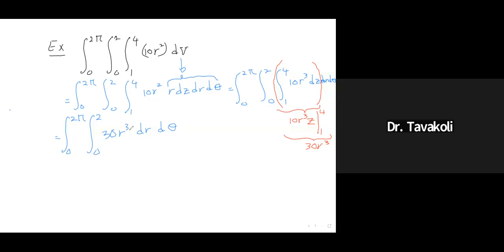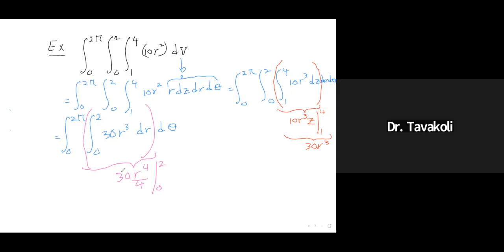Now look at this integral. With respect to r, what is the antiderivative of 30r cubed? 30 is a constant, and the antiderivative of r cubed with respect to r is r to the 4 over 4. So this is 30 r to the 4 over 4, evaluated at the limits.